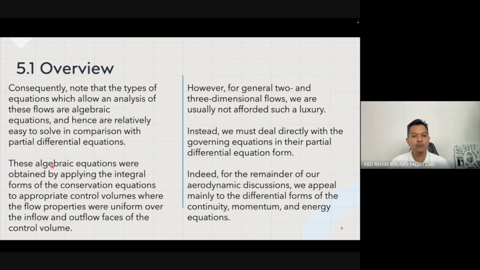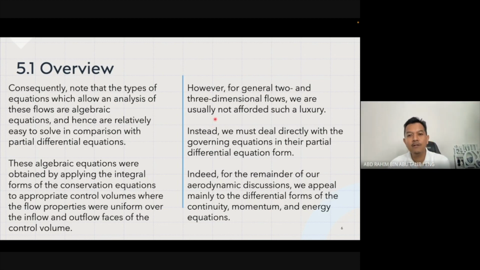These algebraic equations were obtained by applying the integral forms of the conservation equations to appropriate control volumes, where the flow properties were uniform over the inflow and outflow faces of the control volume. Imagine we have a designated control volume, with properties inflow as well as properties outflow. We apply the conservation equations to that situation.